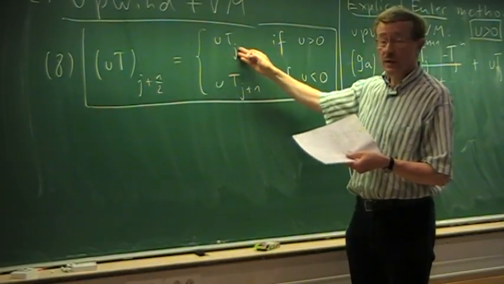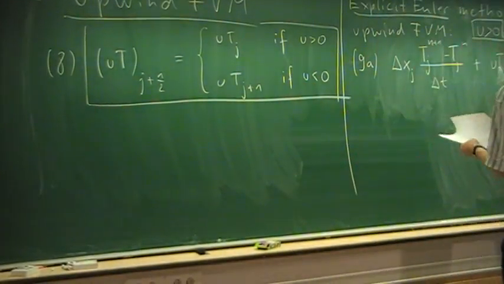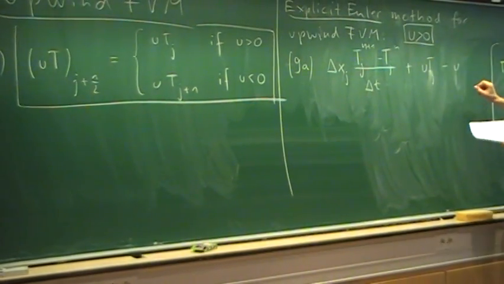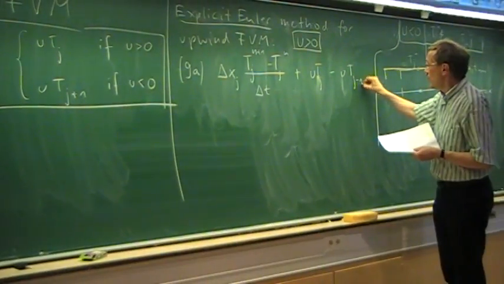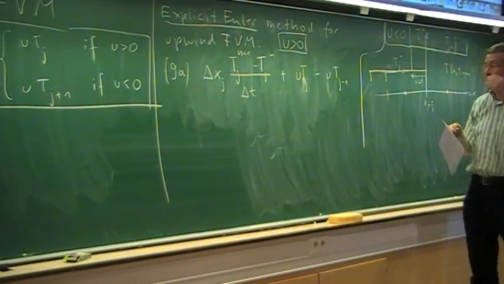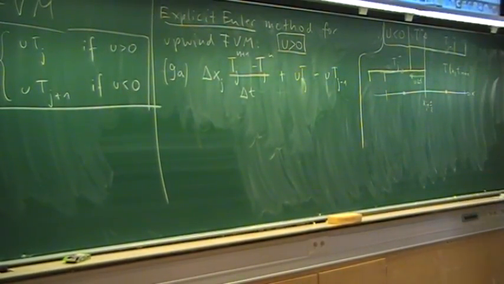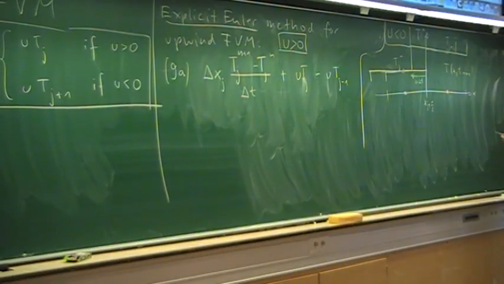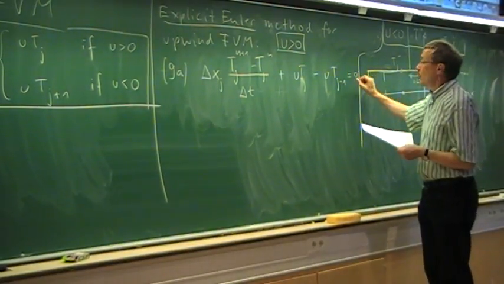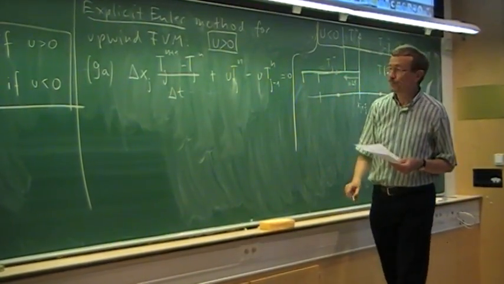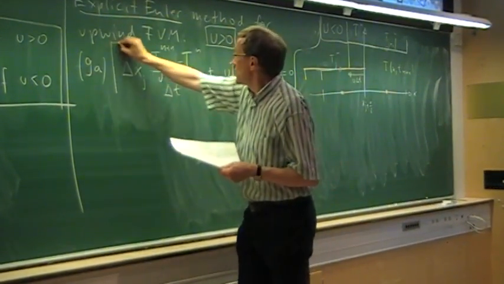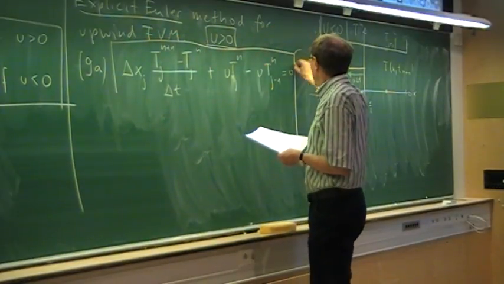So the interesting thing for us is this one. The flux at the face j minus 1/2 is T_{j-1}, the upstream value to the face j minus 1/2. And important now is that these are at the old time level.